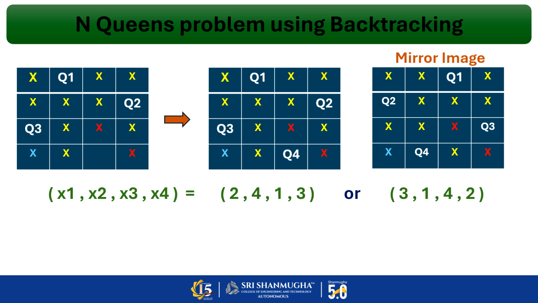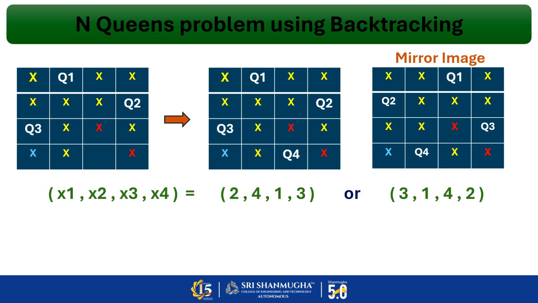The position of Q2 changes from first column to fourth column, Q3 from fourth column to first column, and Q4 from third column to second column. In the same manner, pick and write the column numbers. Q1 is in the third column, so 3. Q2 is in the first column, so 1. Q3 is in the fourth column, so 4. And Q4 is in the second column, 2. So these two are the possible solutions: 2, 4, 1, 3 or 3, 1, 4, 2.